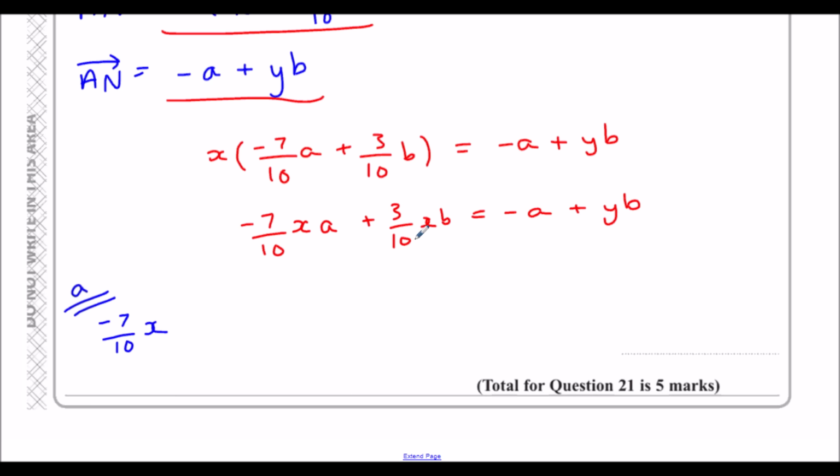That's all I've got. And on the right side, how many a's have I got? I've got -1. So x is multiply by 10 and divide by -7. So multiply by 10 is -10. -10 divided by -7. The negatives cancel. x is 10/7. And then I look at the b's. So on the left side, I've got 3/10 x.